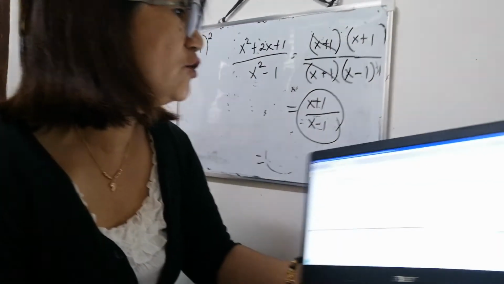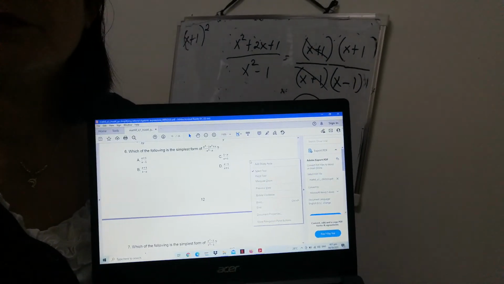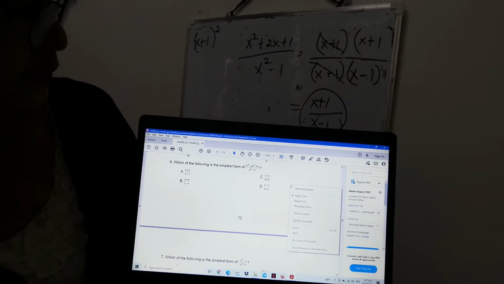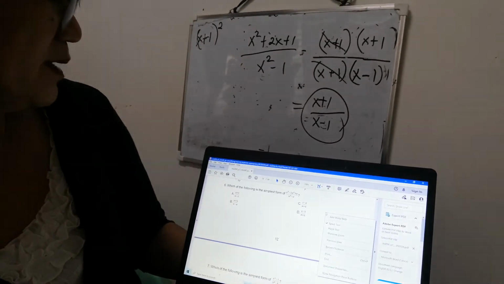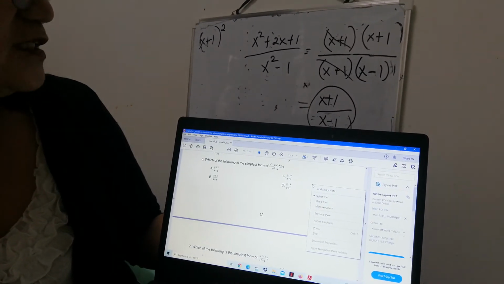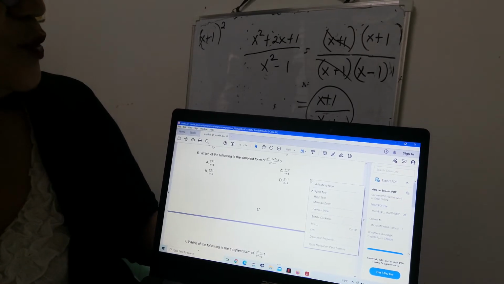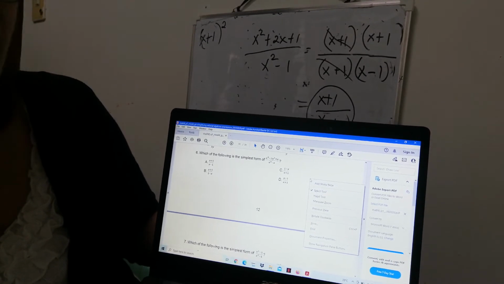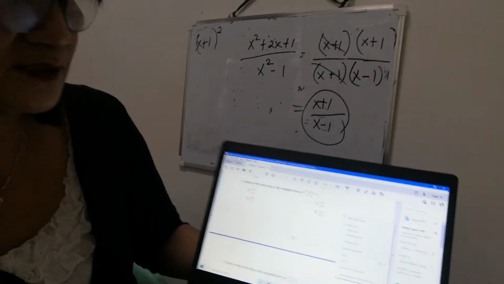May question dito sa inyong module. Okay? Nakalagay dyan sa module, sa number 6. Number 6 dito sa assessment yata to. Which of the following is the simplest form of x cubed minus 2x squared plus x all over x cubed minus x? Okay?